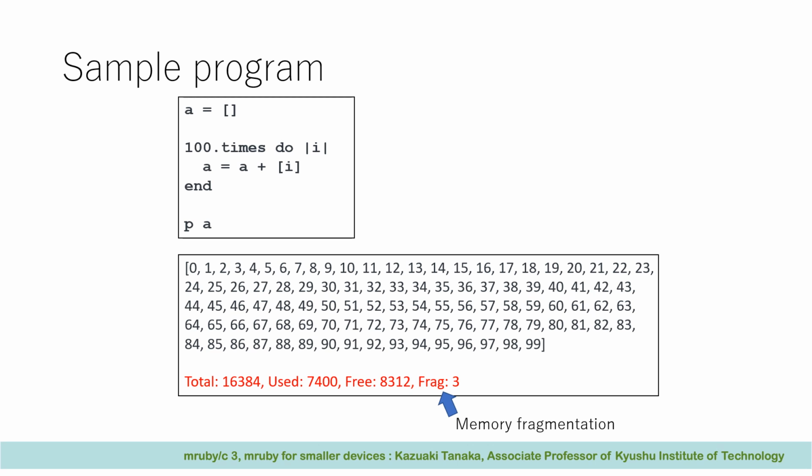And also a good point is memory fragmentation. Only 3 fragmentations occurred in this sample program. So very few. This is a good point of the memory allocation and memory management features in mruby/C.